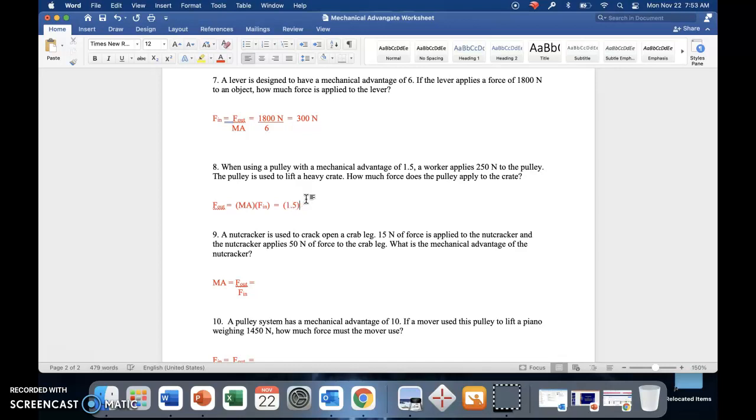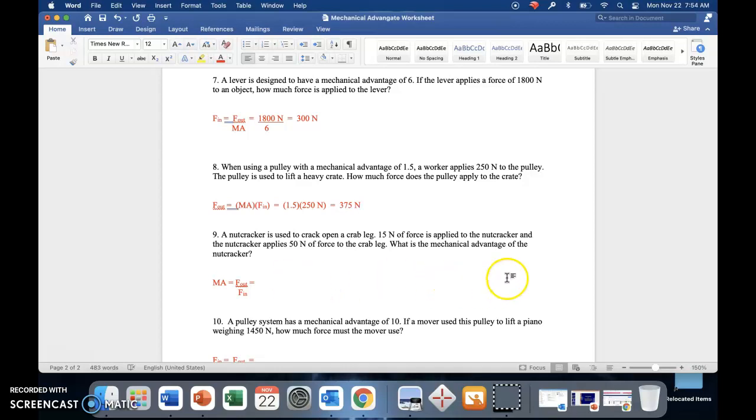And the force in applied by the worker was 250 newtons. So again, we're simply doing a simple multiplication problem. And you will get, for number 8, exactly 375 newtons coming out of the pulley.